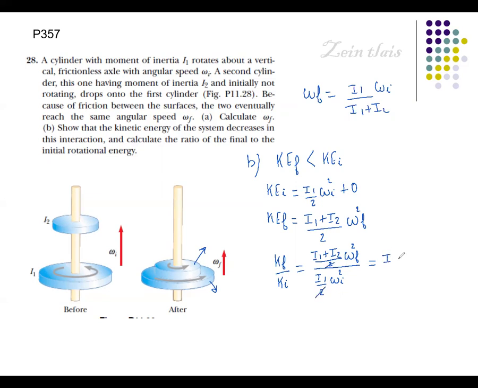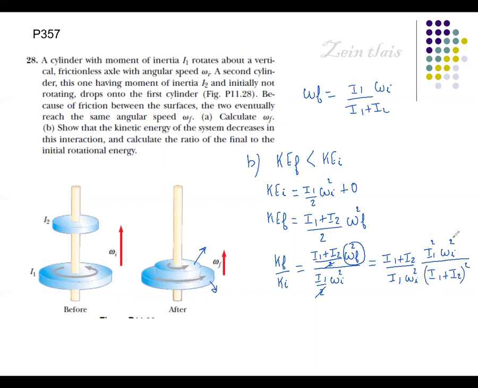Here we get I1 plus I2 divided by I1, and here we have omega initial squared. We substitute the value of omega final squared. We get I1 squared omega initial squared divided by I1 plus I2 squared.